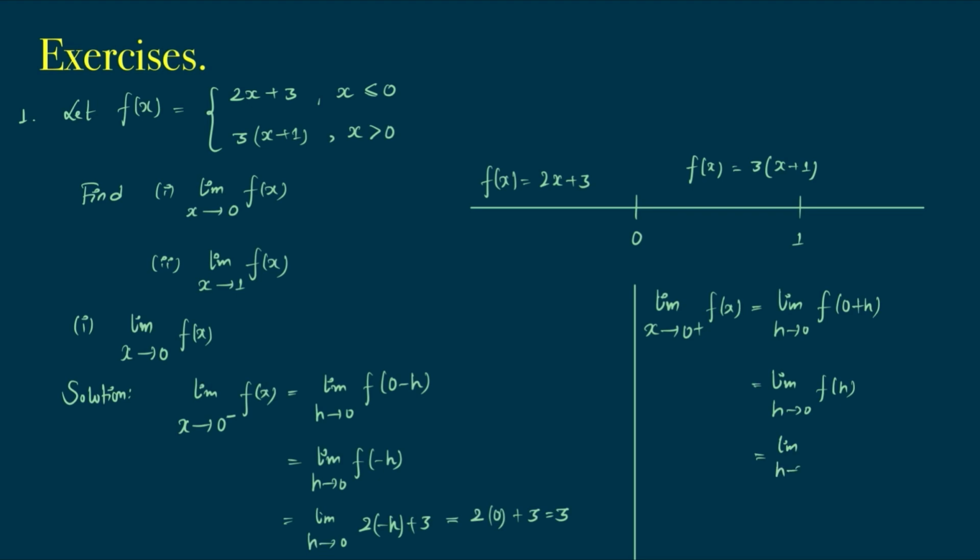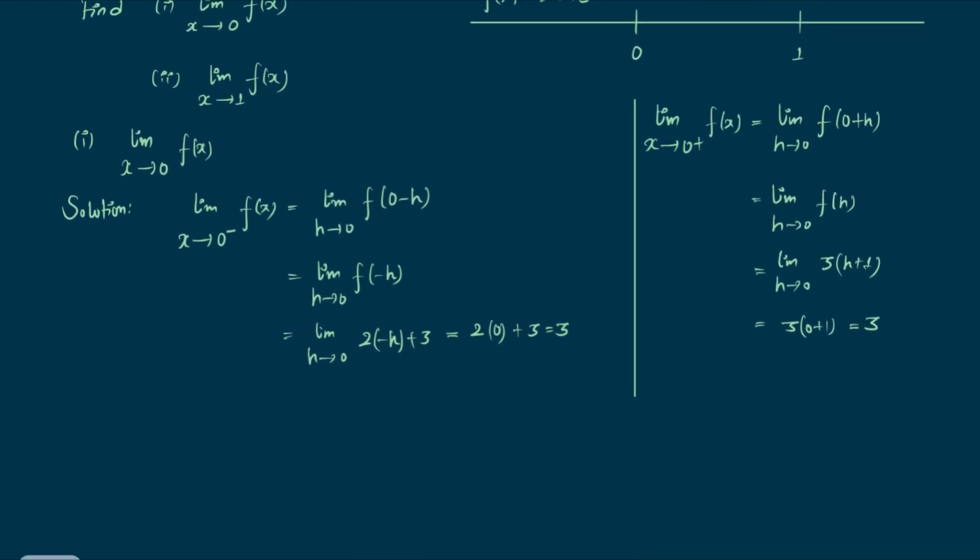Limit h tends to 0 of 3 into h plus 1. Now put the value of h as 0, you will get 3 into 0 plus 1, which ultimately gives you 3. Did you notice that the left hand limit is 3 and the right hand limit is also 3? If the left hand limit and right hand limit are equal, then the limit exists and the answer will be 3.